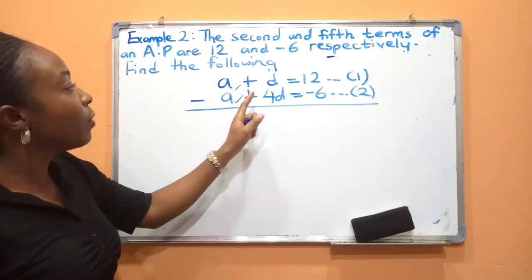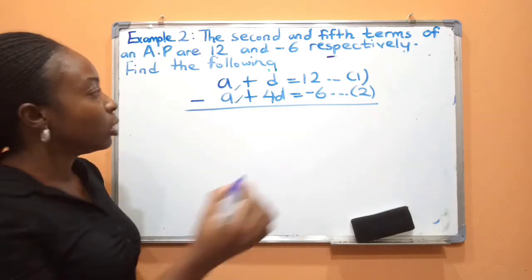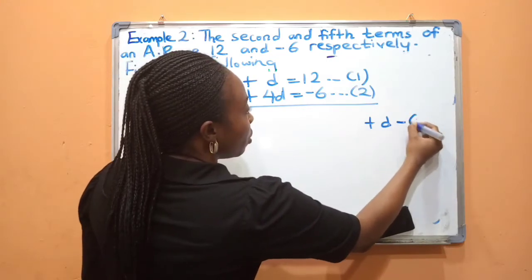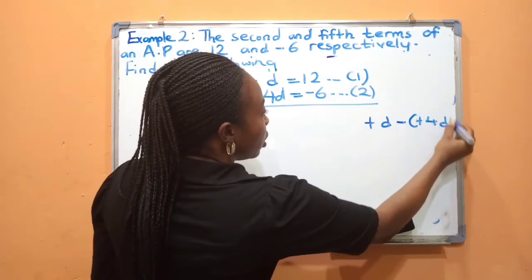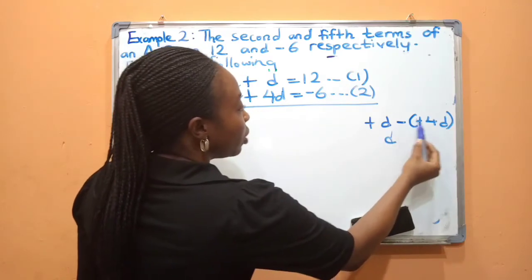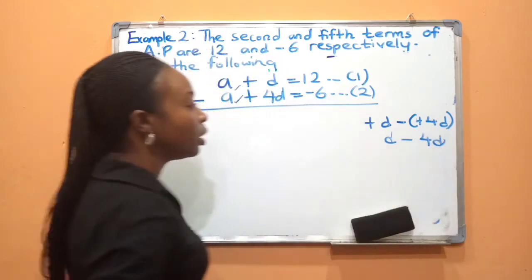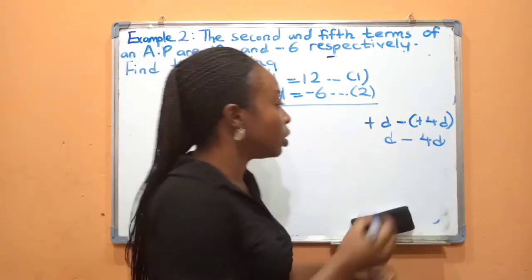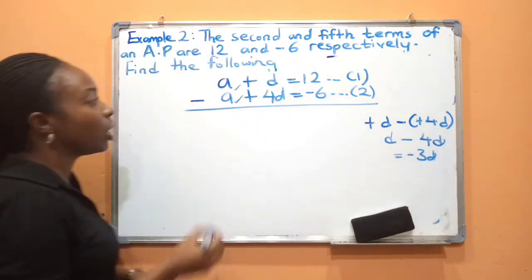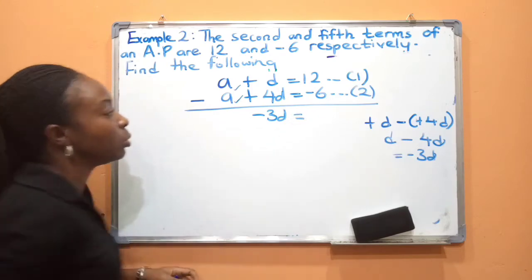Then we have plus d minus plus 4d. When you say minus times plus, it gives you minus, then you have 4d. So d minus 4d gives us minus 3d.